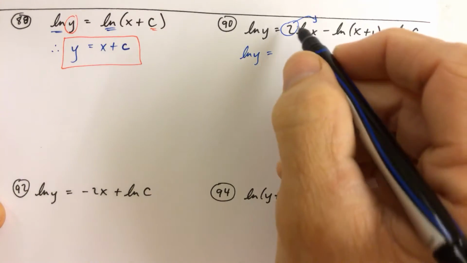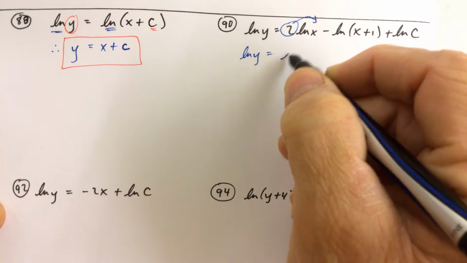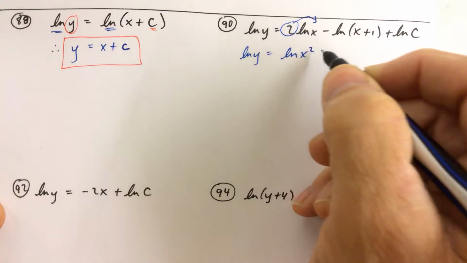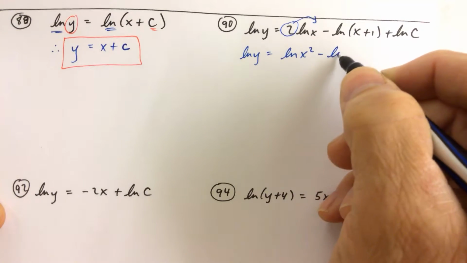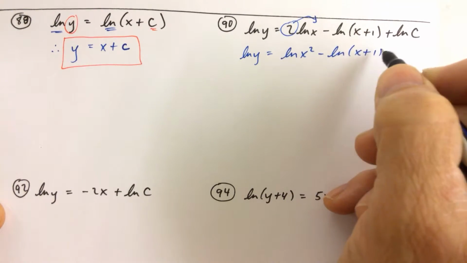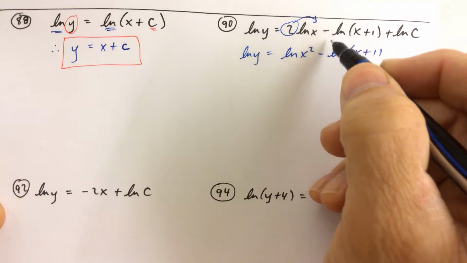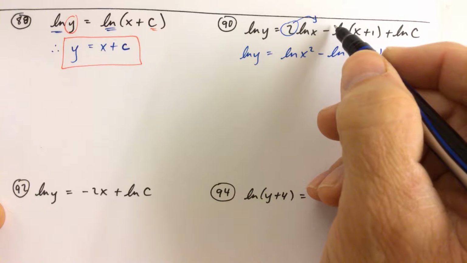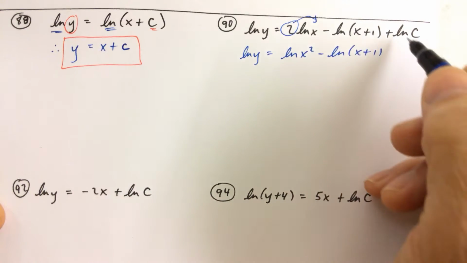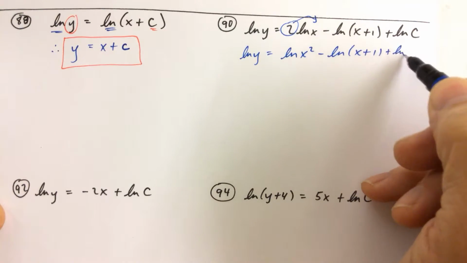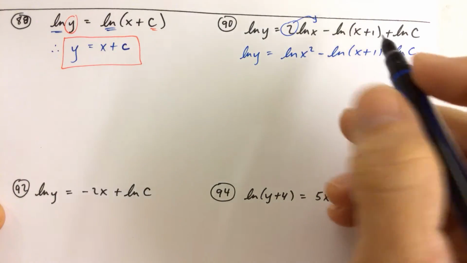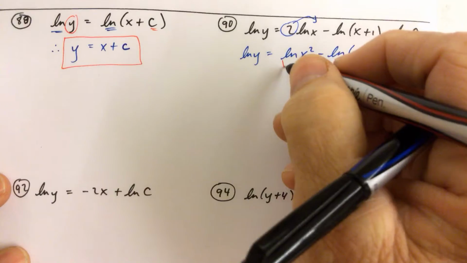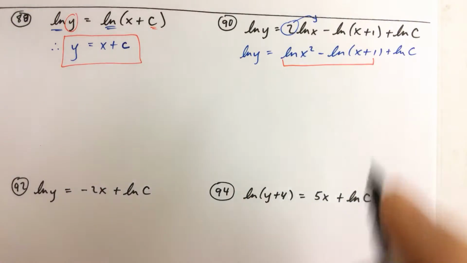So if you remember, 2 times ln of x is the same thing as ln of x squared. Now this log doesn't have a coefficient other than 1 or -1, and this log also has nothing in front. If that's the case, which it is, now we can go ahead and combine these logs.